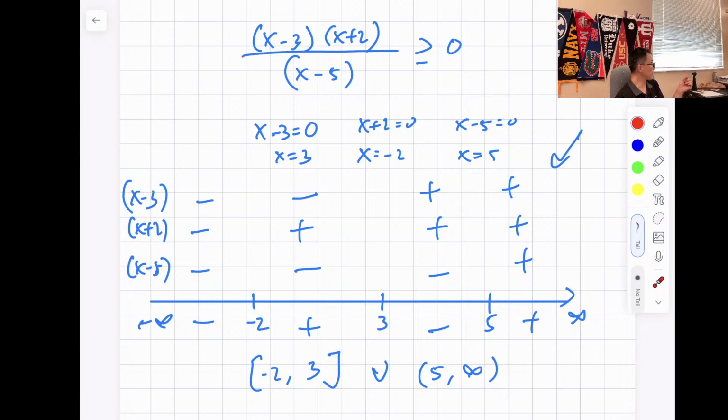So union just means they are this interval or this interval. So that's why you have union. Questions?